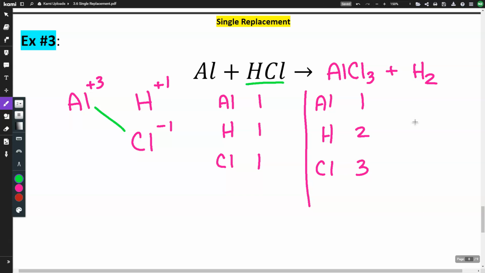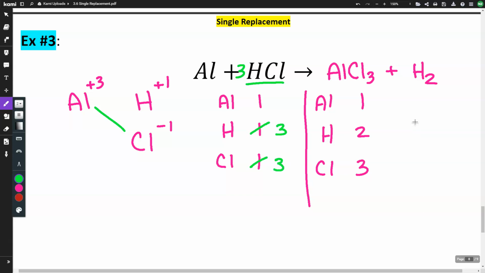I noticed that I have a 3 down here for chlorines. So if I put a 2 here, it might fix the hydrogens temporarily, but I'm gonna have to change that in a second. So let's just table that for a second. So let's do chlorines instead. We have 3 on the right, I need 3 on the left. So if I put a 3 here, 3 times 1 makes this 3, and that makes this 3.